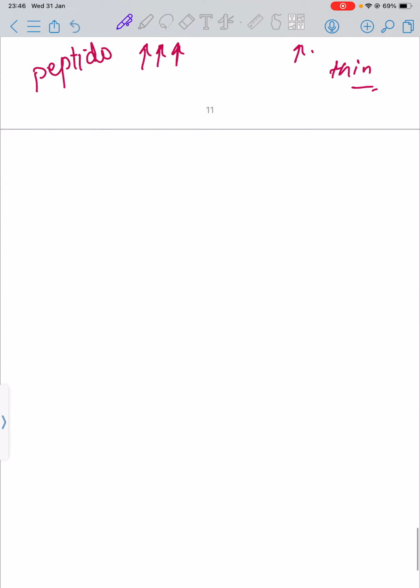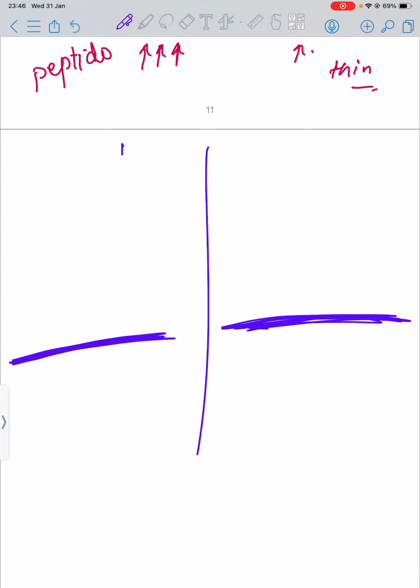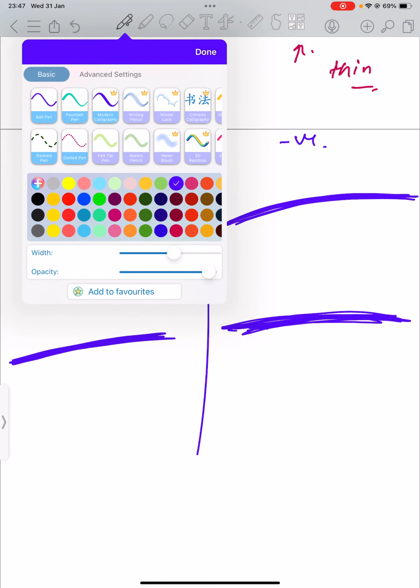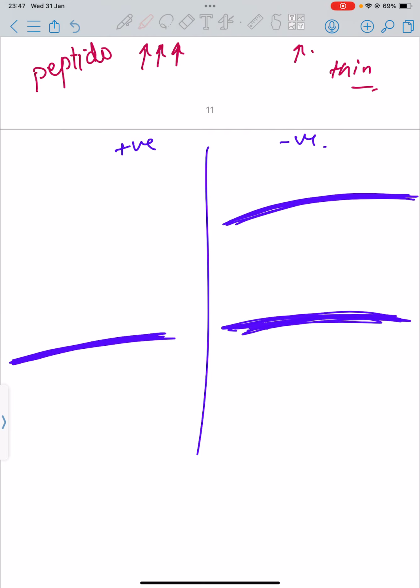So to simplify it, this is the cell membrane in case of both gram positive and negative, and in addition to this cell membrane, gram negative also has an outer membrane, and this space between the outer membrane and the inner membrane is the periplasmic space.